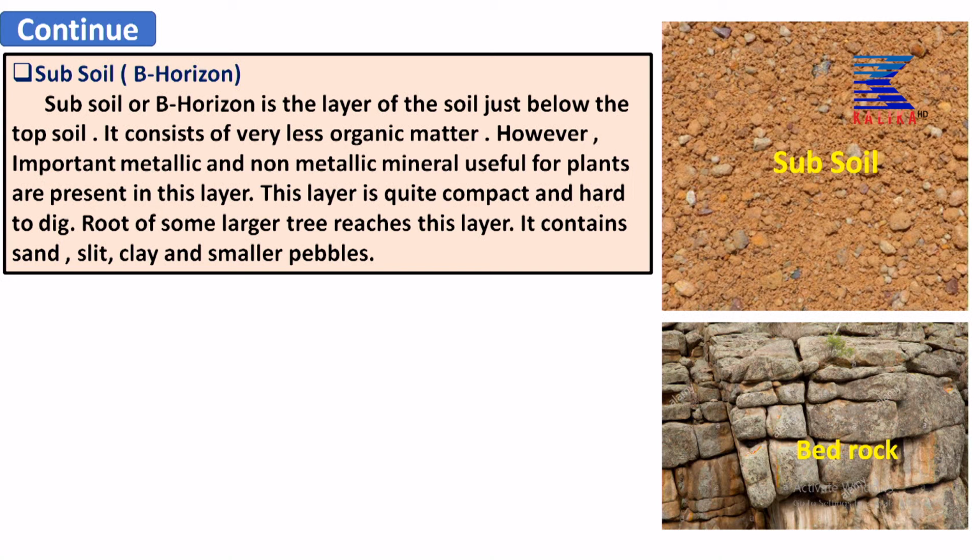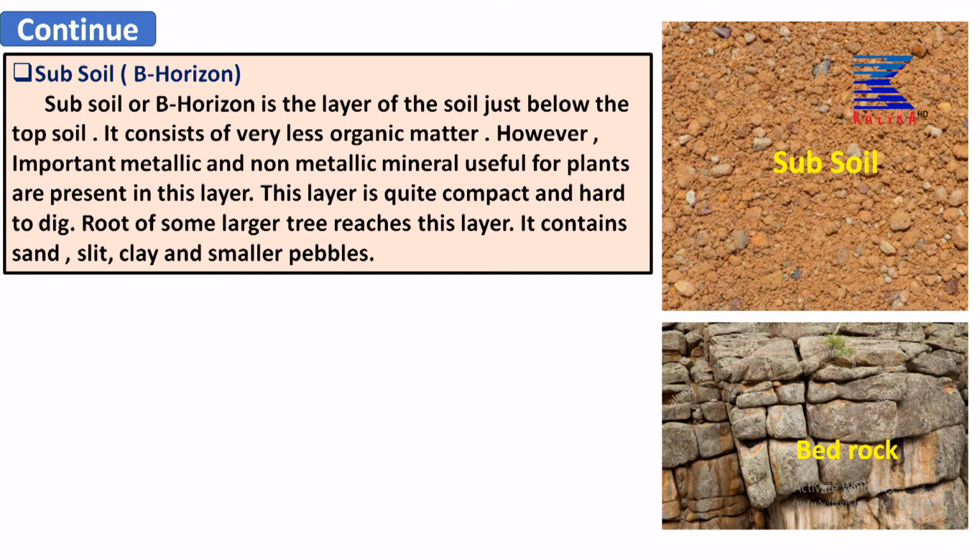Just aside of this paragraph, under the logo of Kalika SD, you can see the subsoil that contains pebbles, slate, sand and other materials that are relatively larger than fine soil. But I said to you, it contains the maximum amount of minerals, which are absorbed by roots of larger trees that are somehow able to come to this place.